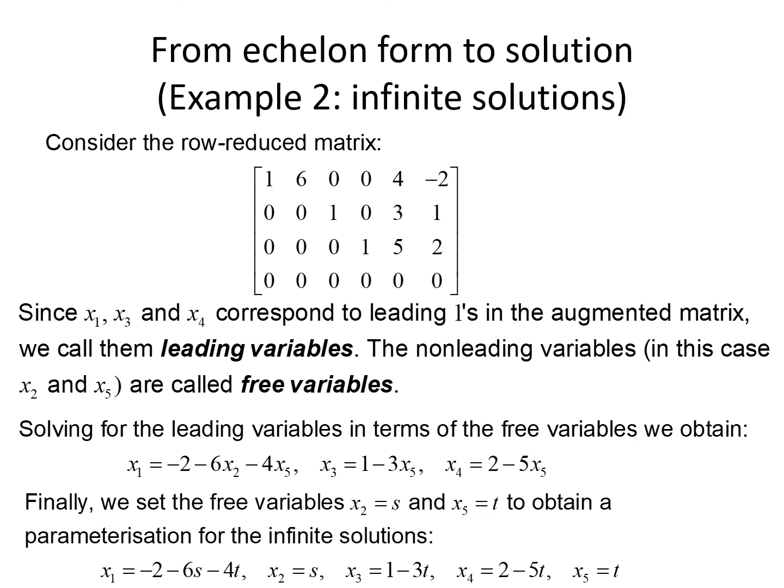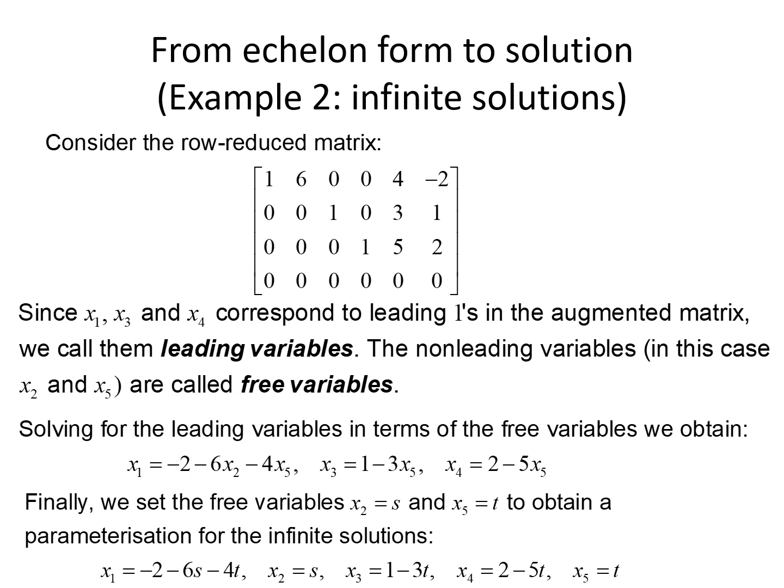A free variable is a variable where there does not exist any leading one. So we suppose the value of x5 equals t, and another free variable is x2. Since the x2 position is missing here, we again suppose x2 equals s, and putting these two values in the above three equations, we may obtain the solution.